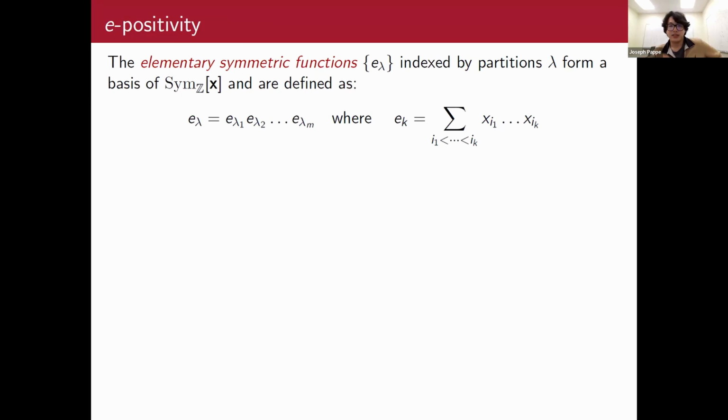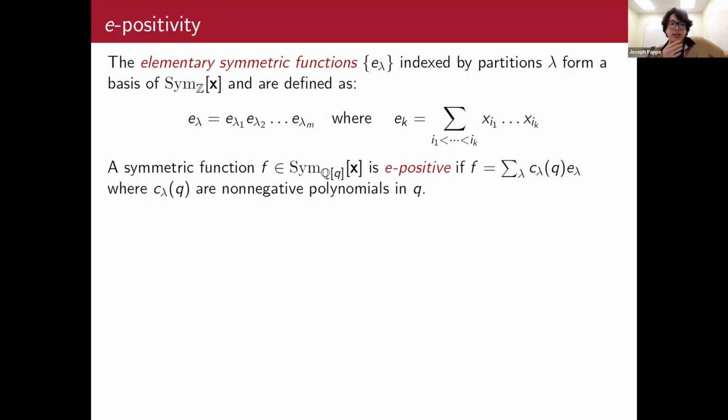The elementary symmetric functions form a basis of the symmetric functions. e sub k, for a positive integer k, is the sum over all products of k distinct variables, and e sub lambda is the product e lambda 1 times e lambda 2 and so on. We say that a symmetric function is E-positive if, when we express it in this basis, the coefficients in front of the e lambdas are non-negative polynomials in q.